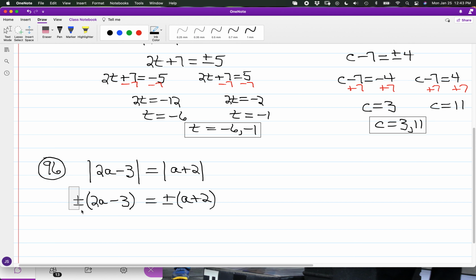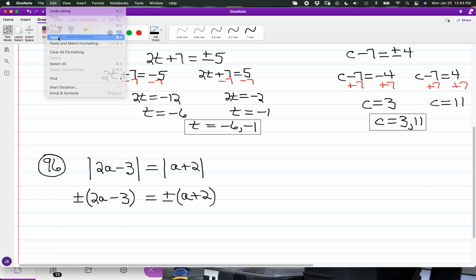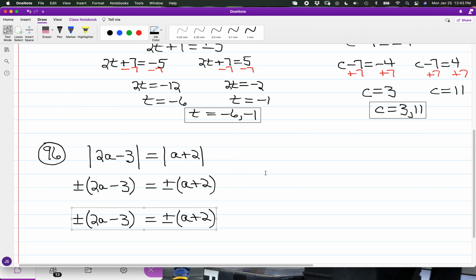Now I'm going to copy this and put it down again. What I can do is take the positive of one side and set up two equations, where the positive side chosen is set equal to the positive of the other as well as the negative of the other. What I mean by this is that I'm going to map together 2a minus 3 and a plus 2.